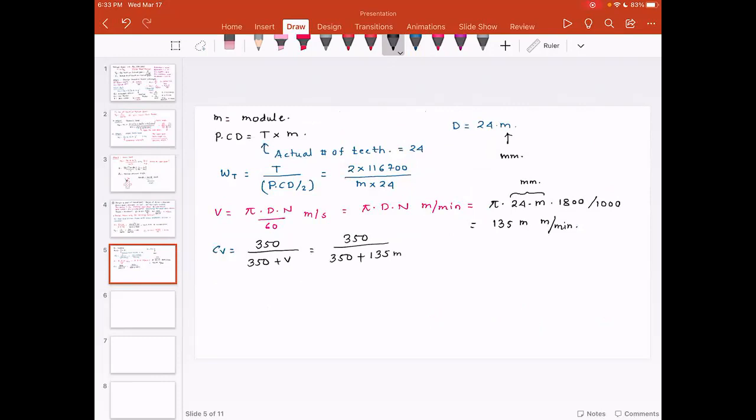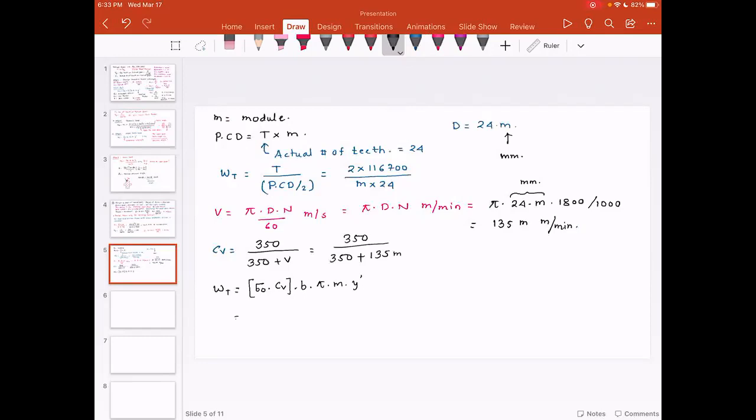And we also know tangential load is sigma O multiplied by the velocity factor multiplied by B multiplied by pi multiplied by m multiplied by y prime.